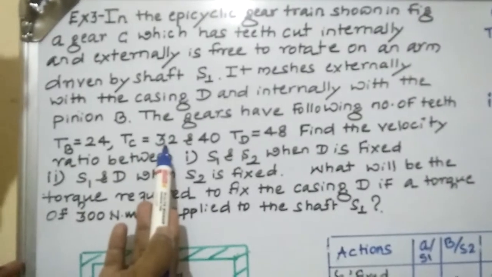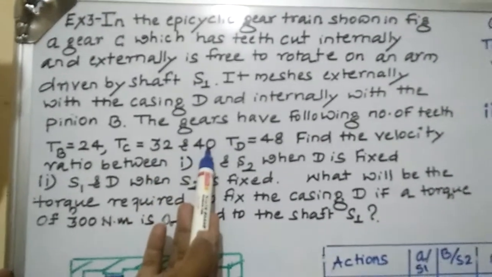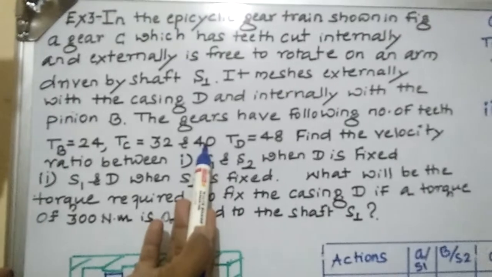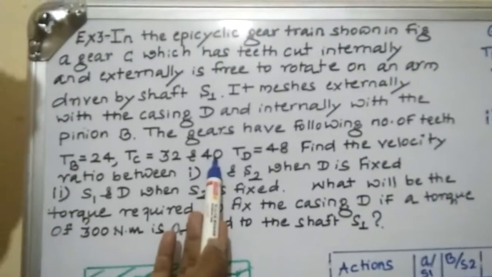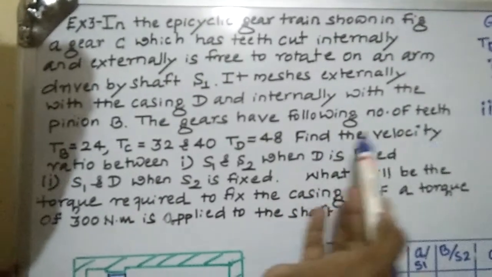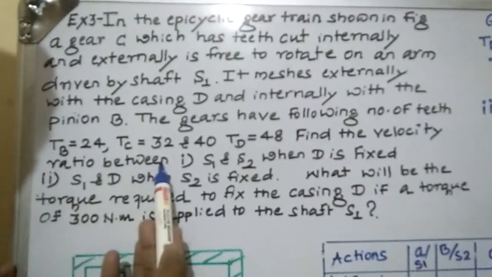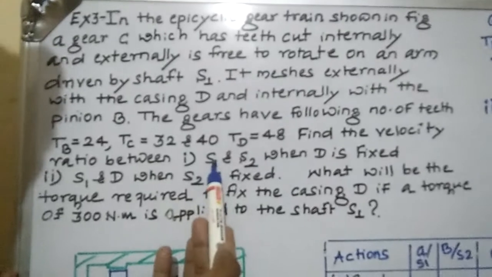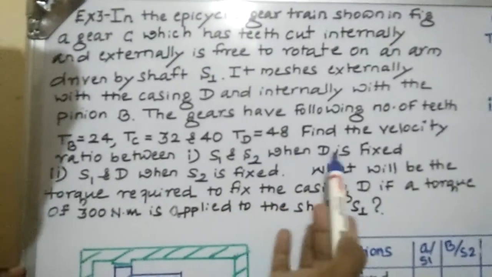32 is nothing but the internal teeth. 40 is the external teeth of the single gear. TD is 48. Find the velocity ratio between first, S1 and S2 when D is fixed.